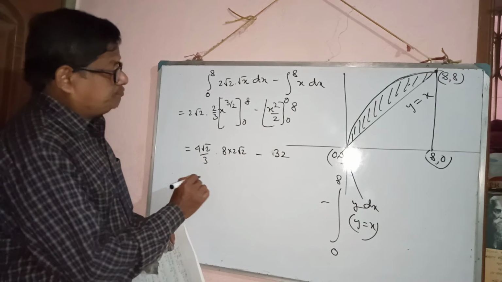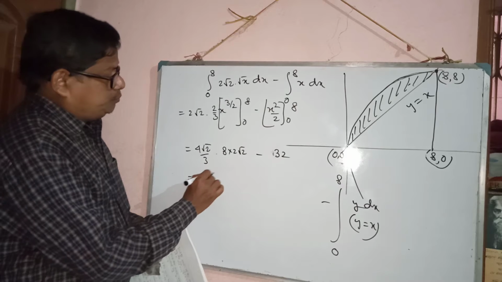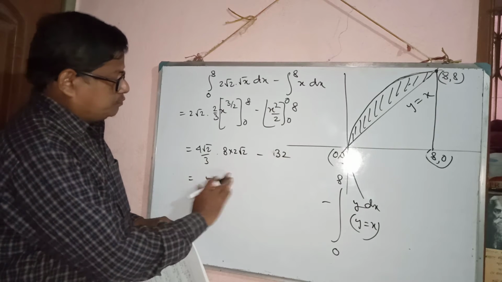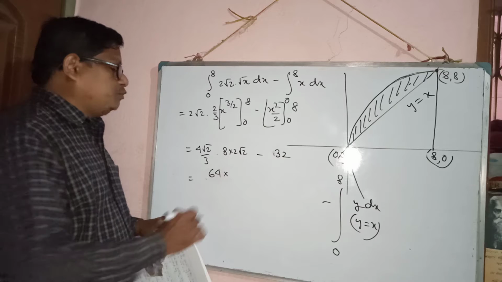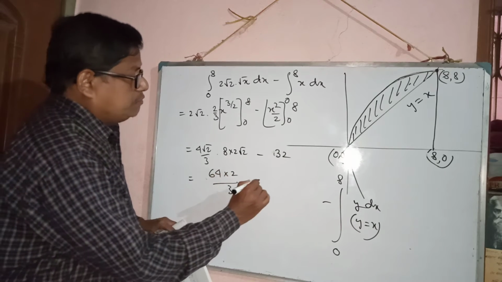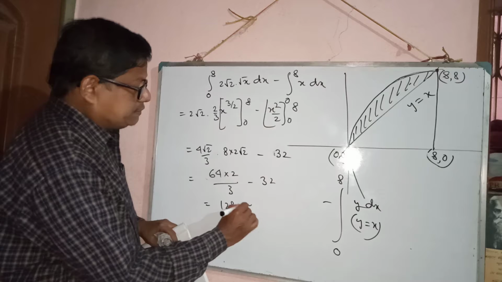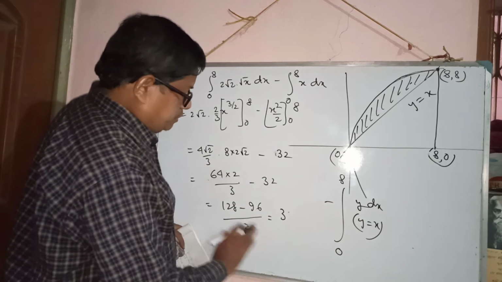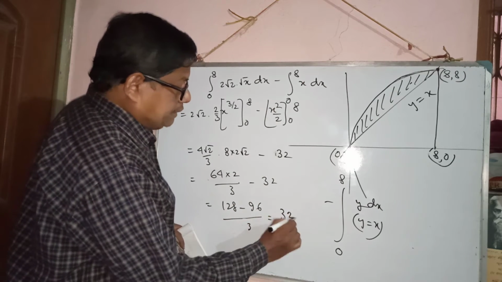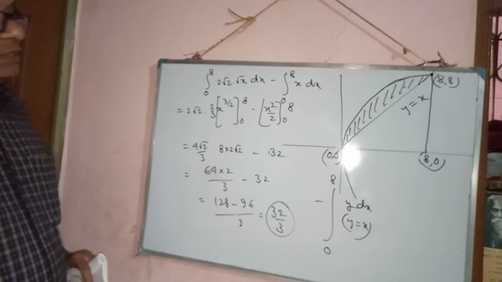So 128 by 3 minus 32, that is 128 minus 96 by 3, which is 32 by 3. This is the area.